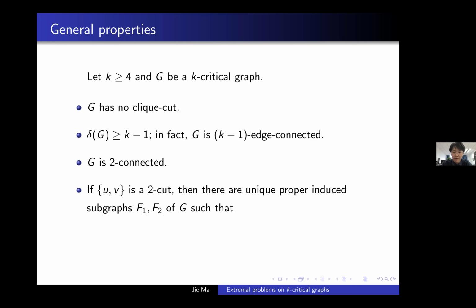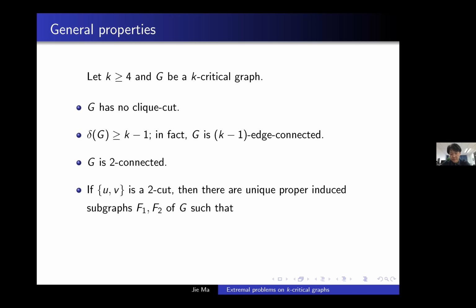Sure. Yeah. For edge connectivity, it can be higher. It's K minus 1. And there's another nice thing for K-critical graphs: it tells us a little bit more than two-connectivity.